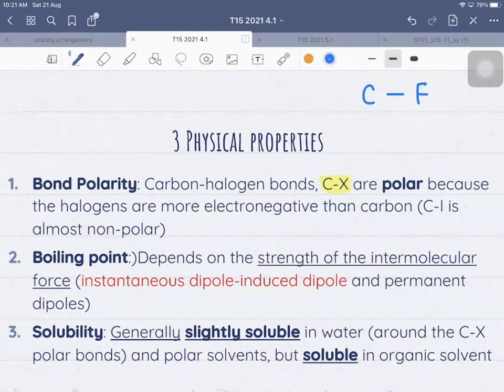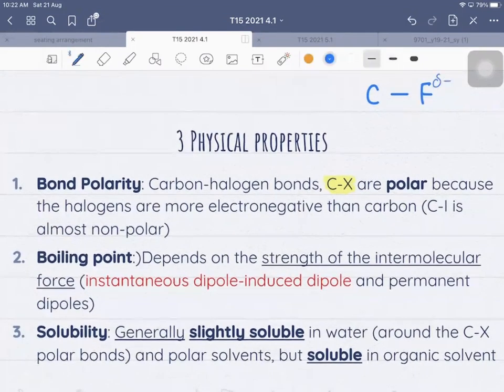What it means is that the bonding electrons that are supposed to be shared in the middle between carbon and fluorine are pulled closer to the fluorine. Sorry, I should only be drawing 2 dots to show that they are bonding electrons. Because fluorine has a high electronegativity, fluorine will become delta minus and carbon will become delta plus.